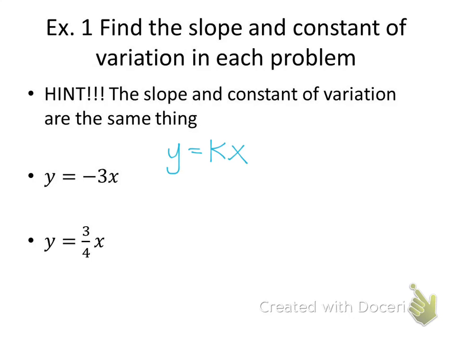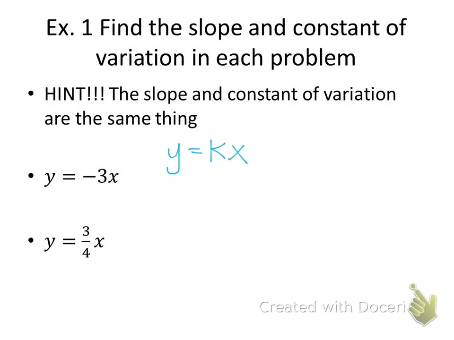In this example right here, they're asking us to find the constant of variation and the slope. Remember, we dealt with the slope yesterday. Now, this is kind of getting you ready to work on the slope-intercept form, which we're going to do in 4.6, but that'll be on the next section, next test. And the constant of variation and the slope are always the exact same thing.